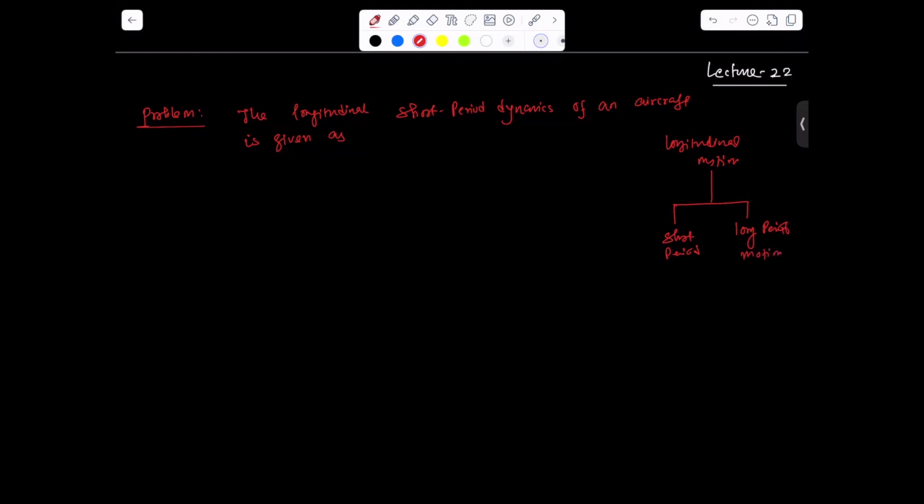These different modes we can define based on the eigenvalues of the system matrix. I'm not going to detail it, as we already explained it in our previous course, where we also covered some basics of how to define the short period and long period motion of the longitudinal motion dynamics. So the system equation is given in the linear form.